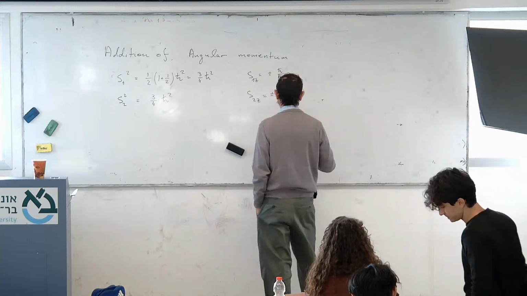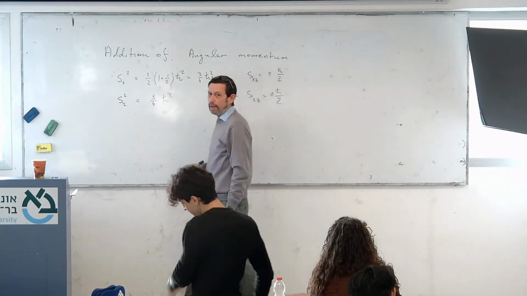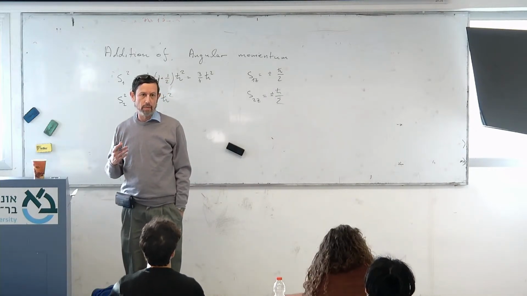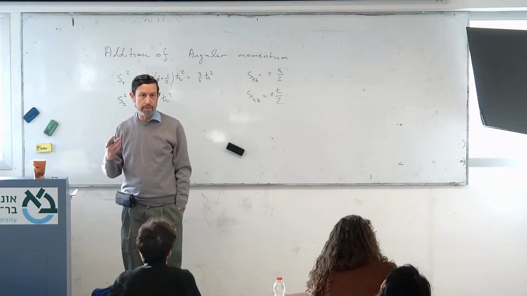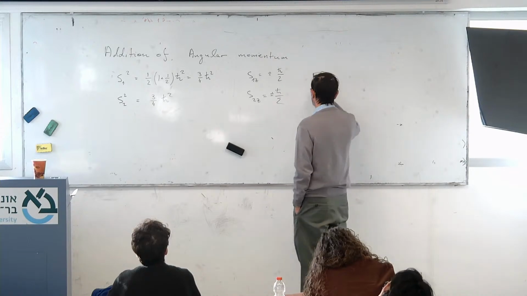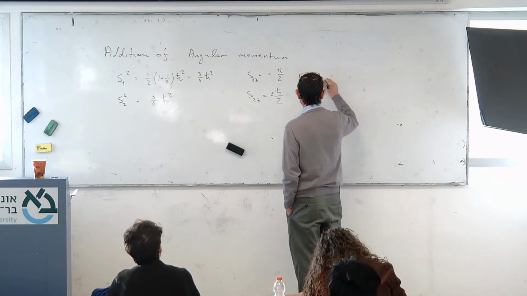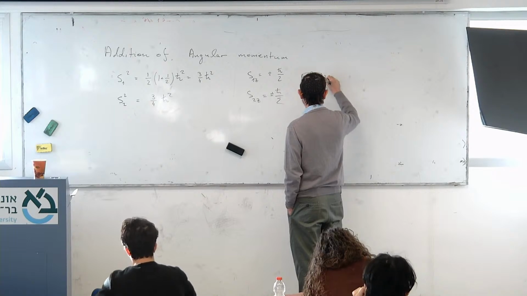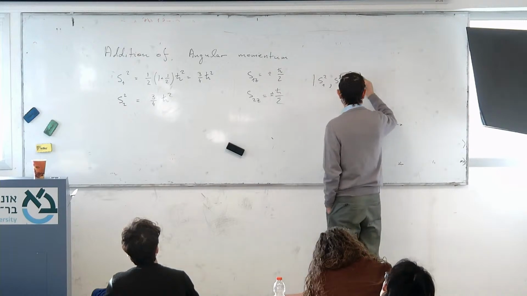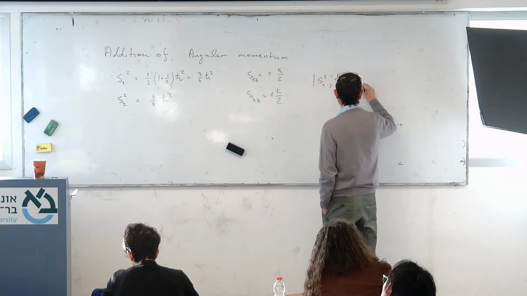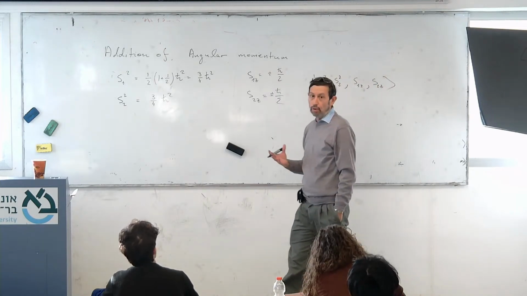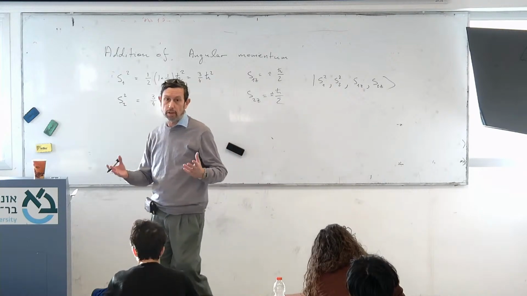So if I would want to write a wave function that describes both particles, I'll need 4 quantum numbers that tell me the whole story.